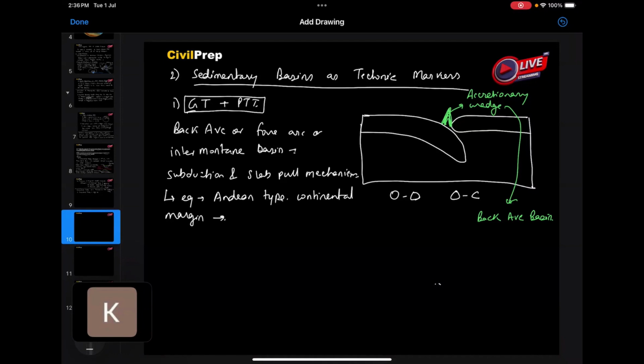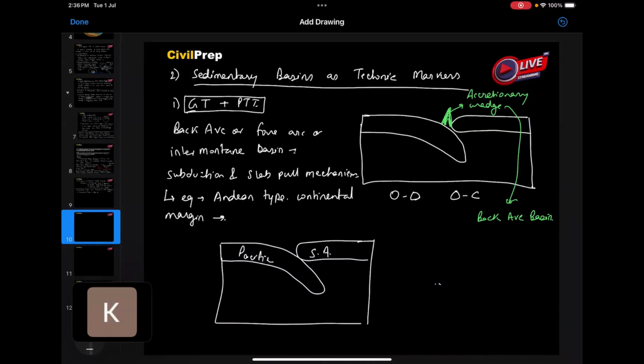Basically, what happened in the Andean part, we can understand with a diagram. This is a South American plate and this is a Pacific plate. This is the asthenosphere.